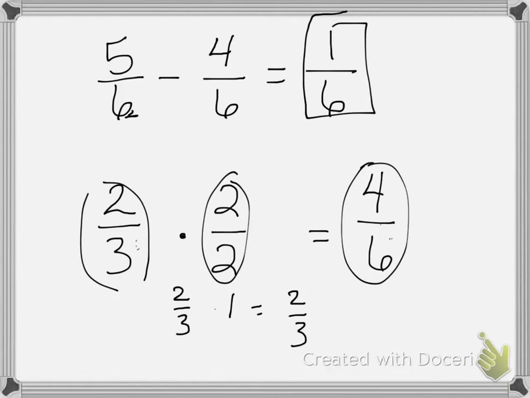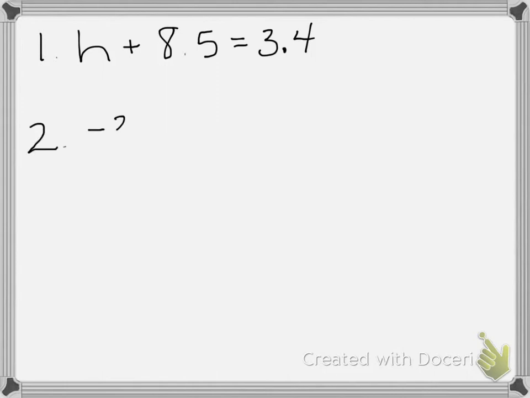Okay, we'll give you a few to try, and then I'll post the answers. So you're going to want to write these down, then pause the video. H plus 8.5 equals 3.4. Solve for H. Second one, -3 is equal to G plus 2.5.